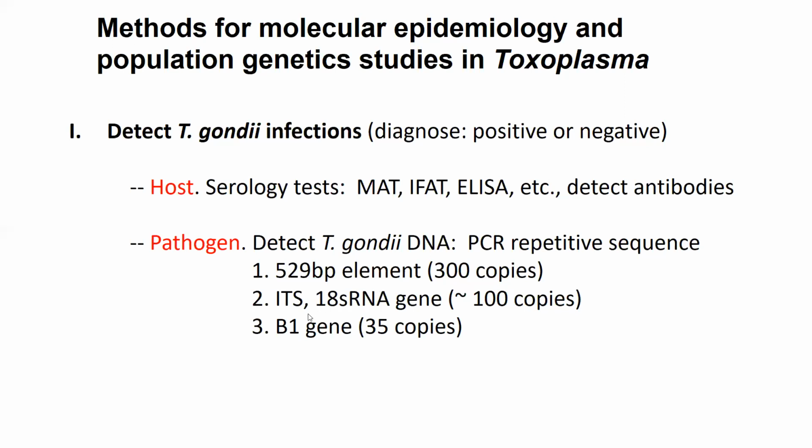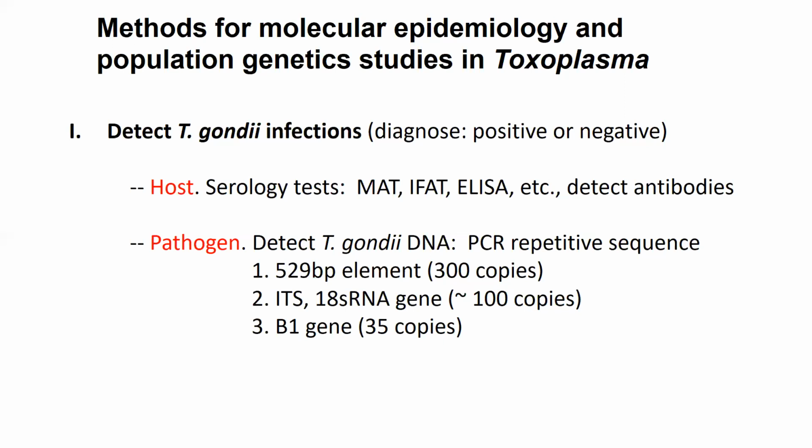The other ones, like the ITS or 18S ribosomal RNA gene, have somewhere around 100 copies, or the B1 gene, which has about 35 or so copies. In order to have higher sensitivity, you want to use those repetitive sequences because it's easier to detect and more sensitive. So that's for detection, or diagnosis.